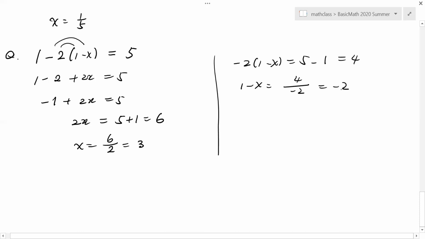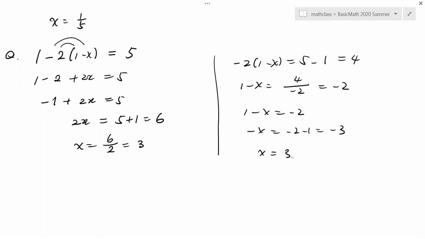So I get a pretty simple equation like 1 minus x equals negative 2. Then I move 1 to the right-hand side. Negative 2 minus 1 is negative 3. Then I multiply both sides by negative 1, so I get positive 3.